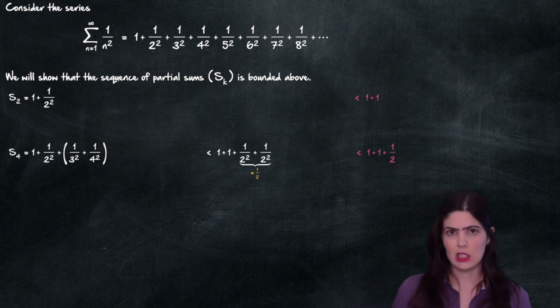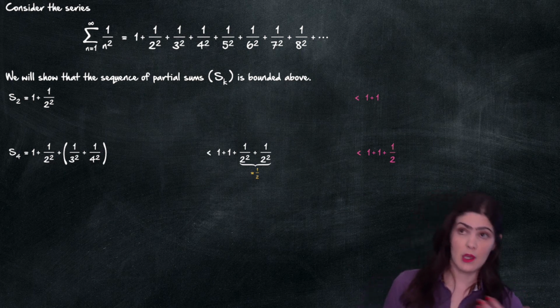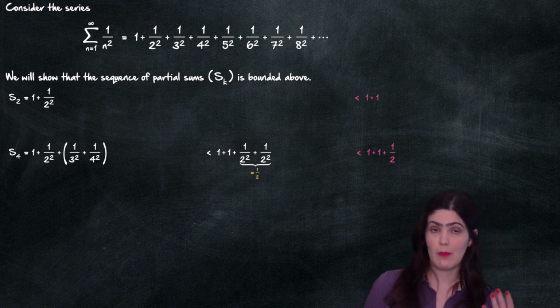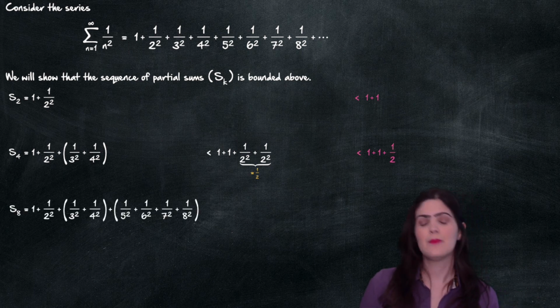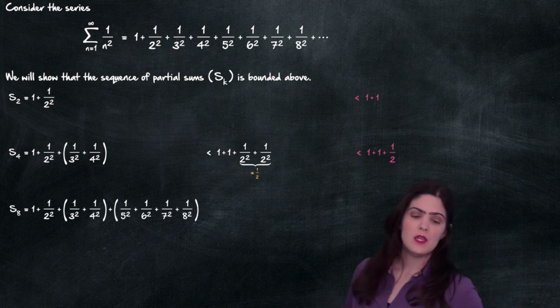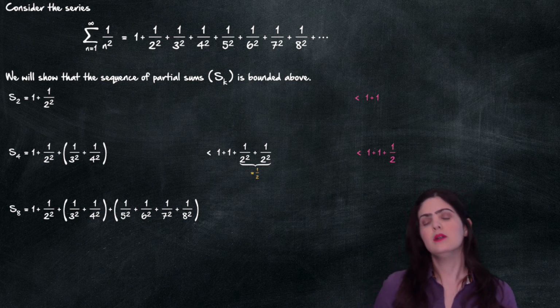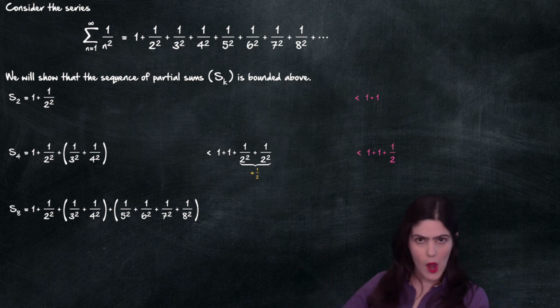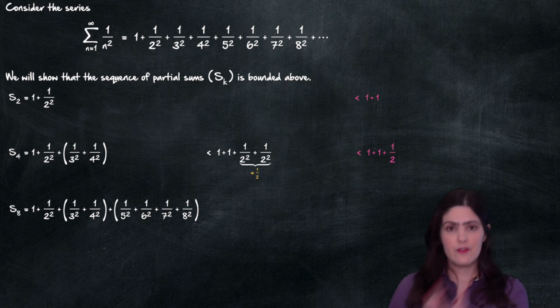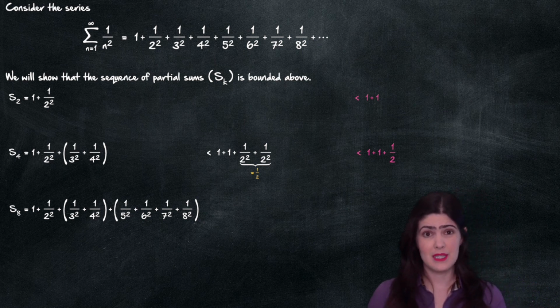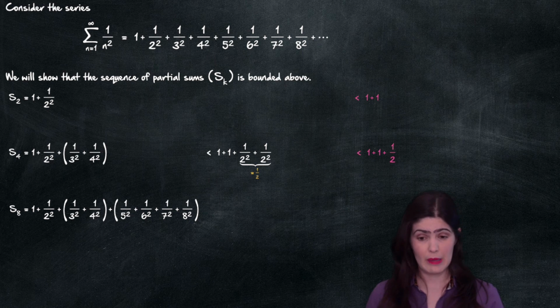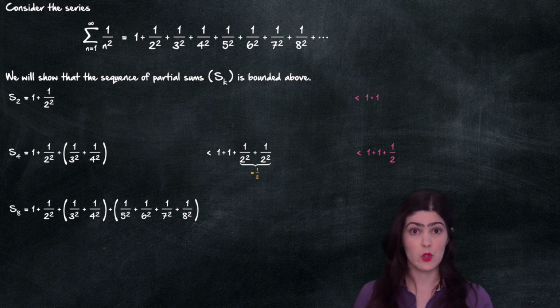Good. Now let's take a look at the next partial sum that is given by a power of 2. So that's S8. We're looking at the next four terms. So we have 1 plus 1 over 2 squared plus 1 over 3 squared plus 1 over 4 squared plus 1 over 5 squared up to 1 over 8 squared. The first parenthesis we already know how to handle. We did it in the S4 case. So this is less than 1 plus 1 plus, and then each one of the terms in the first parenthesis is less than 1 over 2 squared.